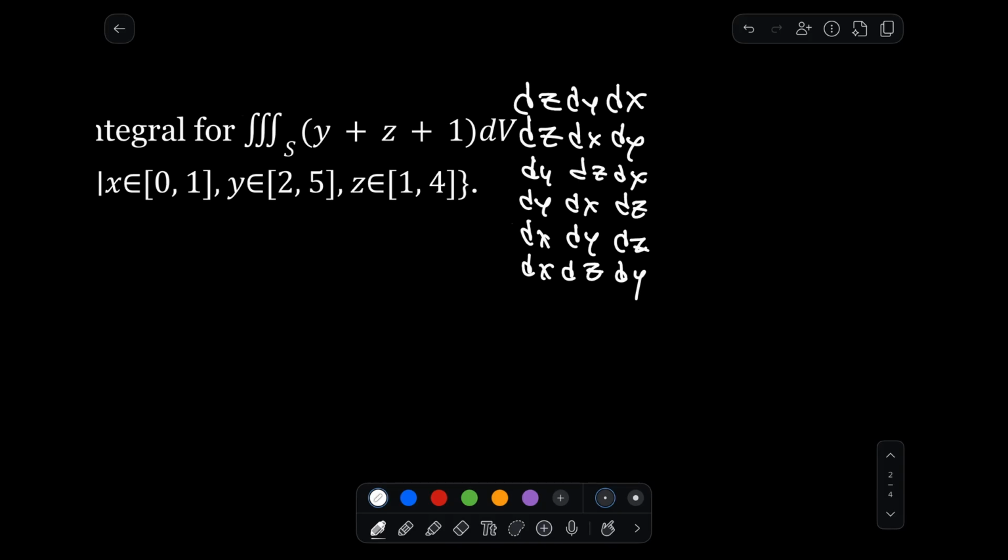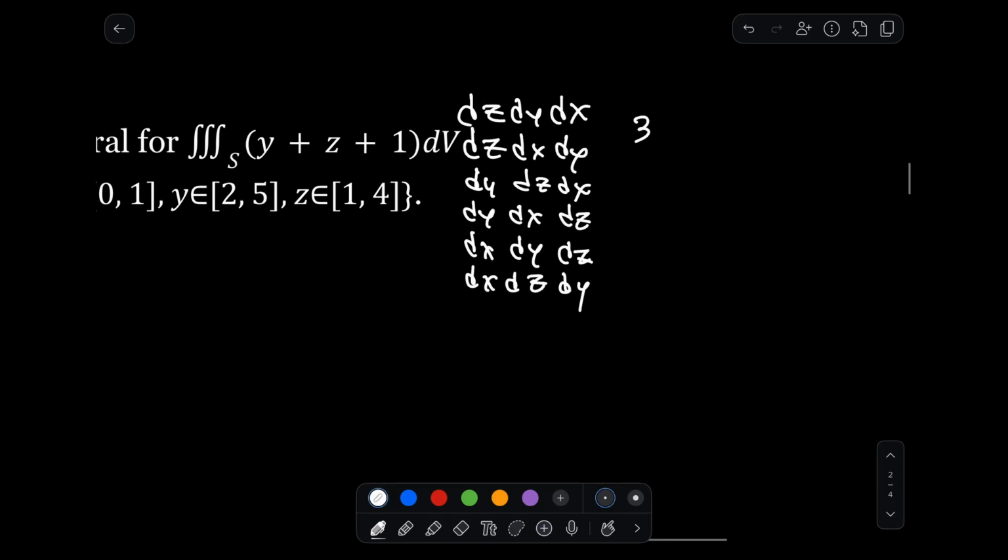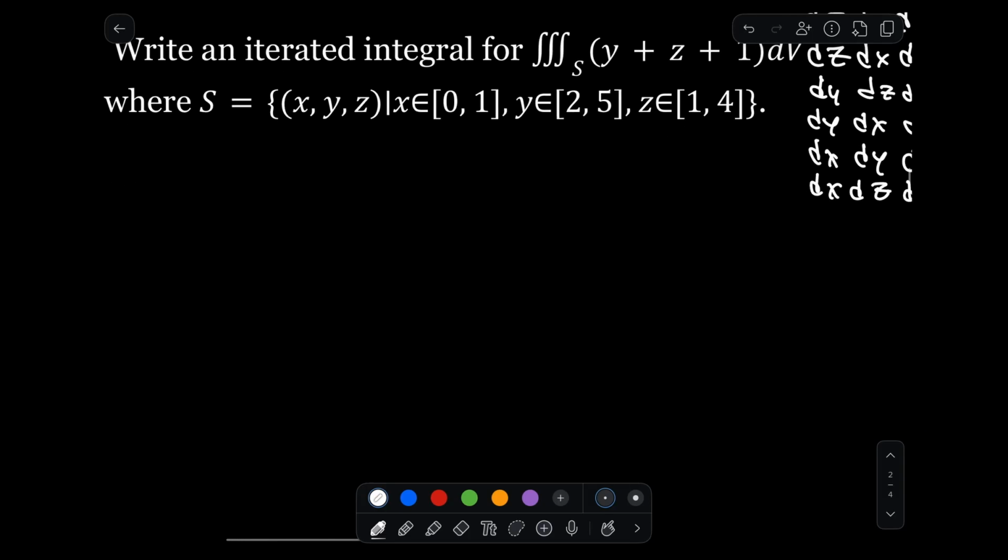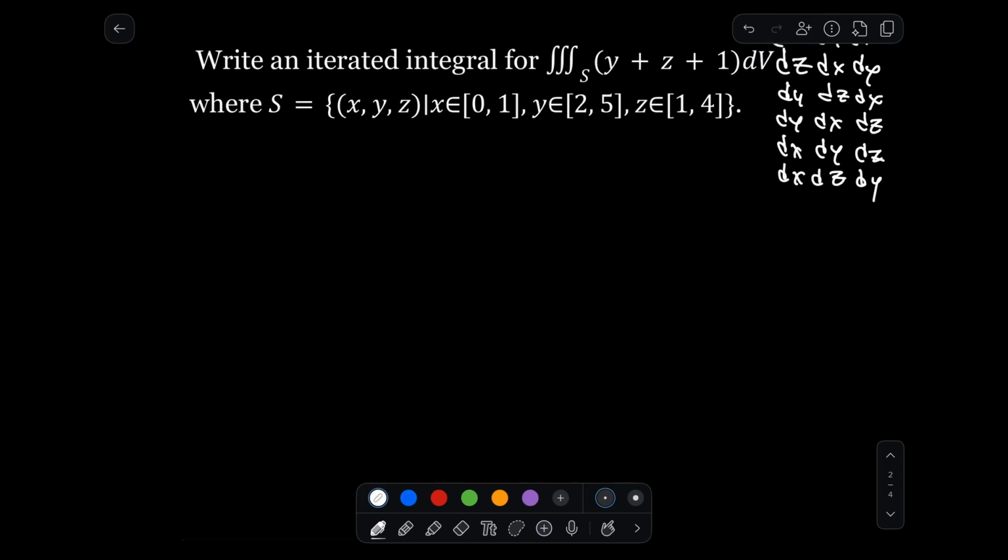That's just because we have three objects that we can permute, so it's 3 factorial. But there's always going to be an easier way to solve a triple integral, just like there's always an easier way to solve a double integral, whether that be in polar or in rectangular. And in triple integrals, you can do spherical, cylindrical, or Cartesian. It really depends, and in the next couple of videos, we'll be covering these types of examples as well.